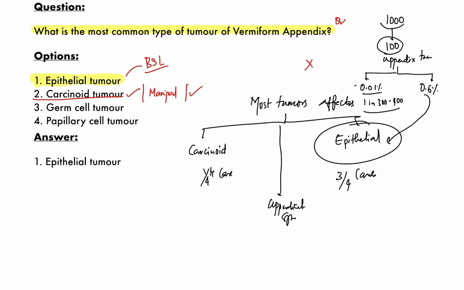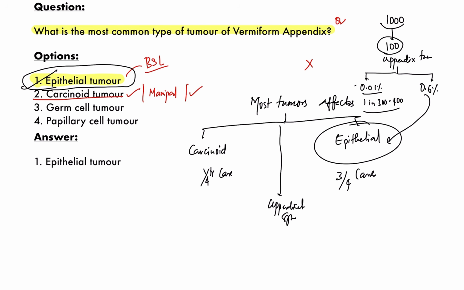So it's clearly mentioned that most tumors involving the appendix may be classified as either carcinoid or epithelial, but epithelial is approximately 3/4 of all cases. That means the most common type of tumor of vermiform appendix is epithelial tumor.